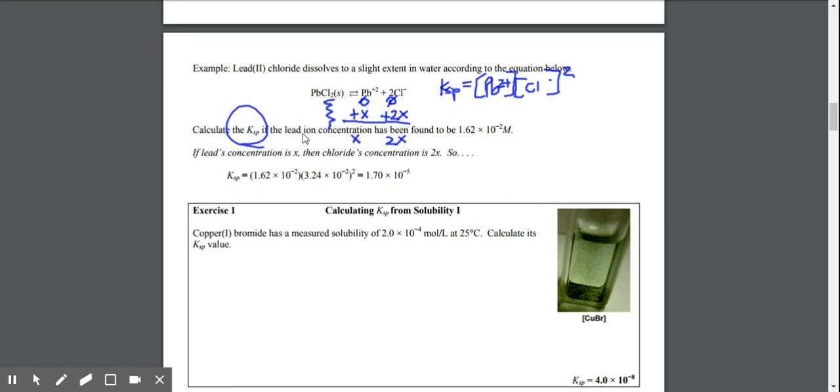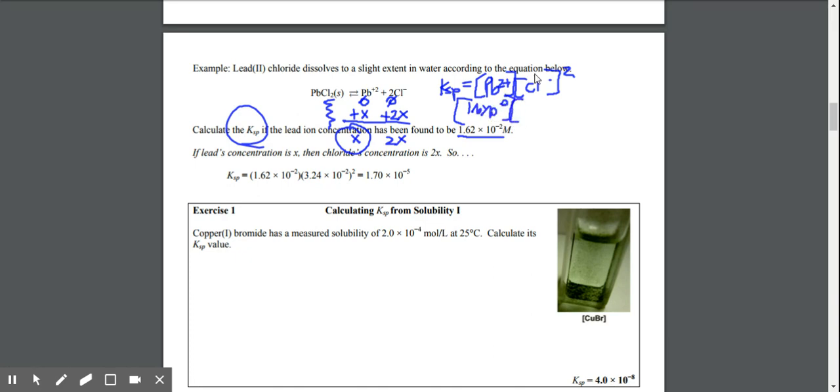And so it tells me that the lead concentration is 1.62 times 10 to the negative 2. So this is my equilibrium value of lead. Well, my equilibrium value of lead is just X. So this is the value of X. If I want to find the value of 2x, I would take 2 times this value. So I'm going to plug in Pb2 plus, which is 1.6 times 10 to the negative 2.